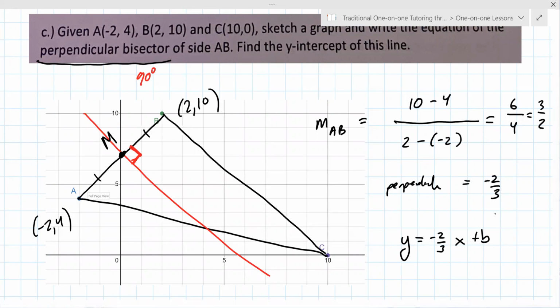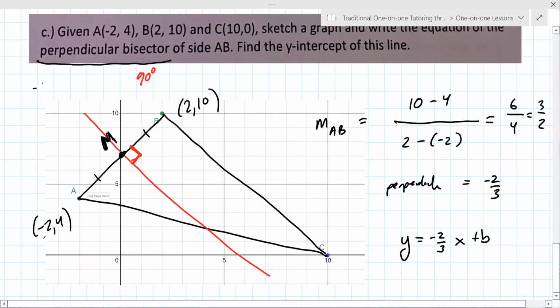What is the only point that we know that it goes through? Which we haven't actually found, but it's right here. M. So we need the midpoint between these two. So then we would add the x values, add the y values, and divide by 2. 0 and 7.